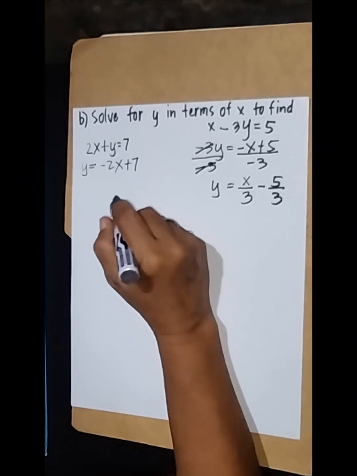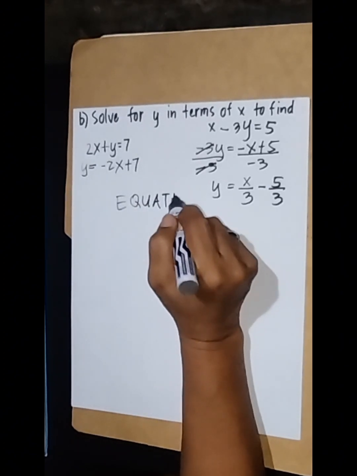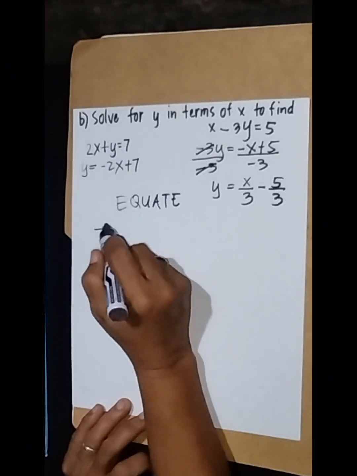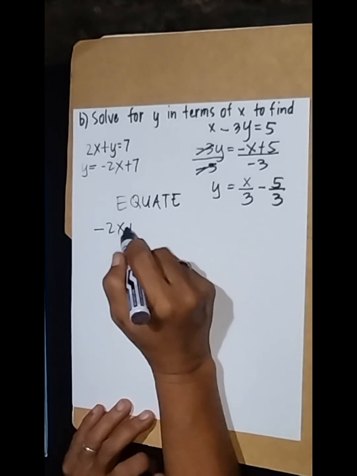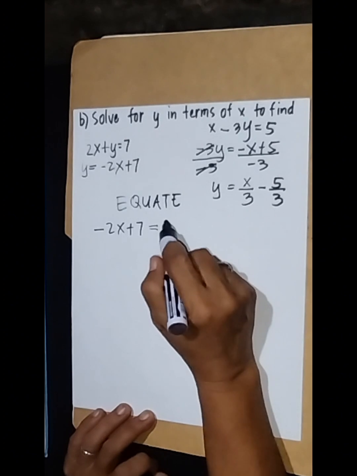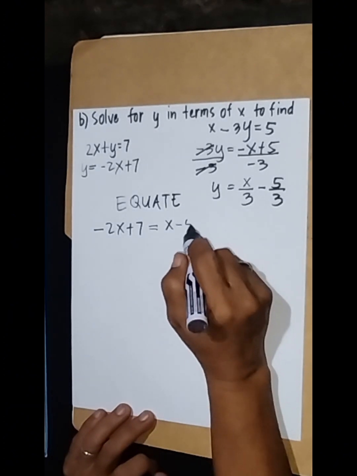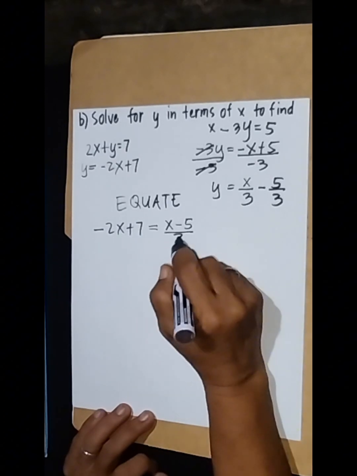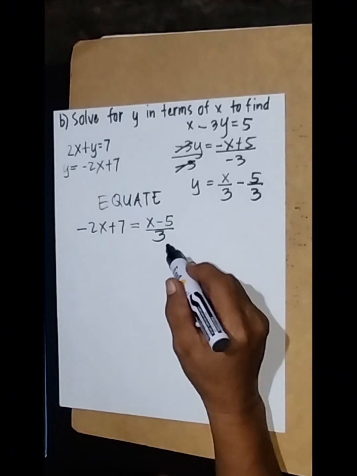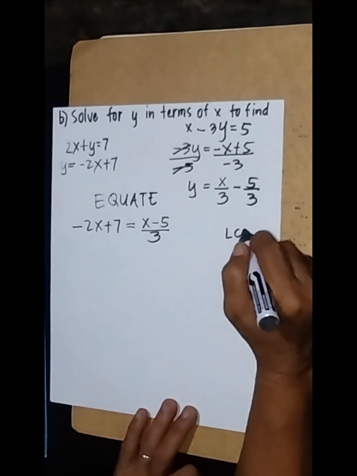Wait na po natin. Since both are equal to y, we have to equate. So negative 2x plus 7 is equal to x minus 5 over 3. So since mayroon po tayong fraction, so kukunin po natin ang LCD.